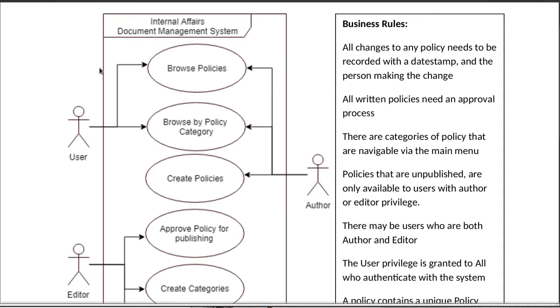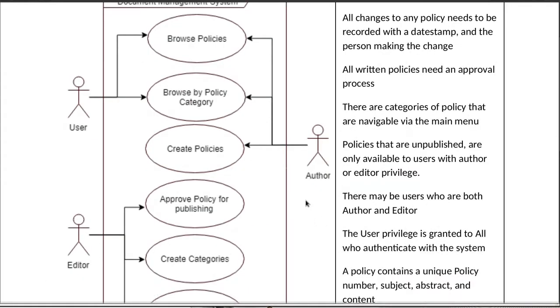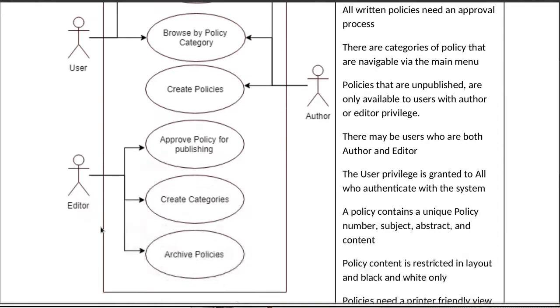So our 2 hours together involves us creating the specification of a document management system. It's a policy system, and our thinking is that we have a workflow, and that workflow involves an author who creates policies and an editor that is going to approve those policies.